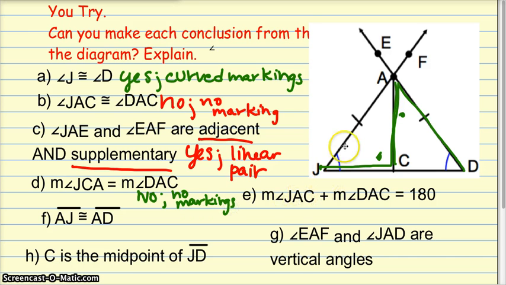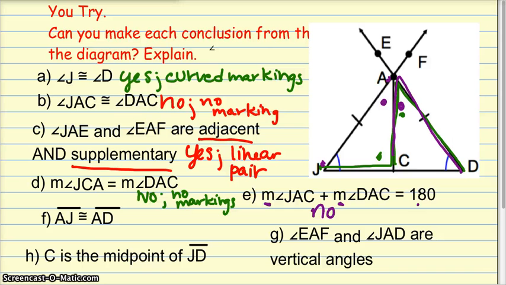Letter E, it says the measure of, let me change colors, JAC, so this one again, and DAC, this one again. Does the measurement of that added to the measurement of that equal 180? Well, they don't lie on a straight line. I have no idea what their measurements are, so no, I can't tell right now.